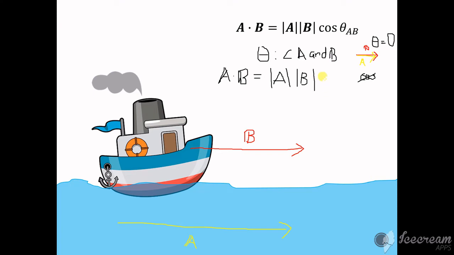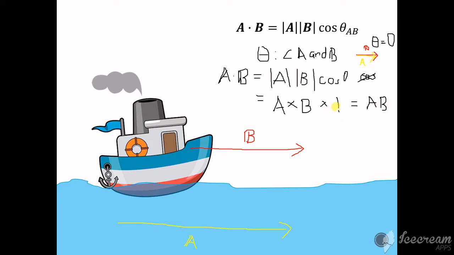So here we have cos 0 degrees. This eventually gives us the magnitude of a multiplied by the magnitude of b multiplied by cos 0, which is equal to 1. So finally this is only equal to a b.